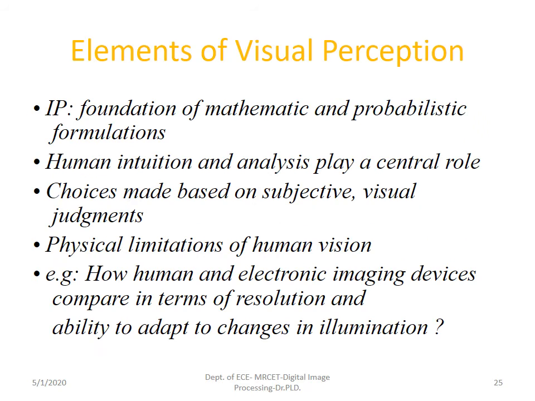Visual perception. Beyond the foundation of mathematics and probabilistic formulations, human intuition and analysis play a central role. Choices are made based on subjective visual judgments, the physical limitations of human vision, and how human and electronic imaging devices compare in terms of resolution and ability to adapt to changes in illumination.